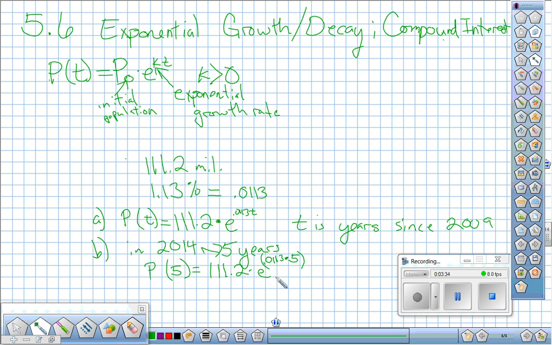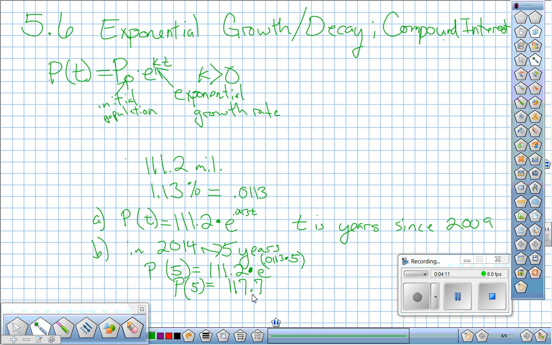Even if you have to do carets, make sure that you have parentheses around everything in that exponent, and this is times, not subtraction, just in case it looks confusing. And then I figure out what that is on my calculator, and as long as I type in those parentheses, I should be able to do everything in one step, and you will get 117.7. Remember, this is in millions of people, so that seems reasonable to me, that a population has grown by about 6 million.